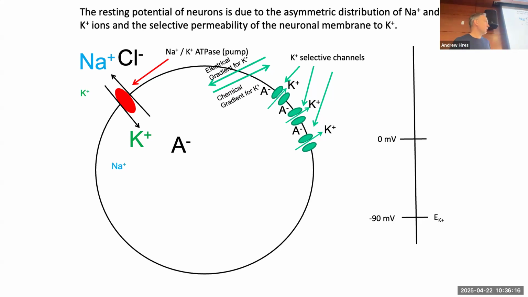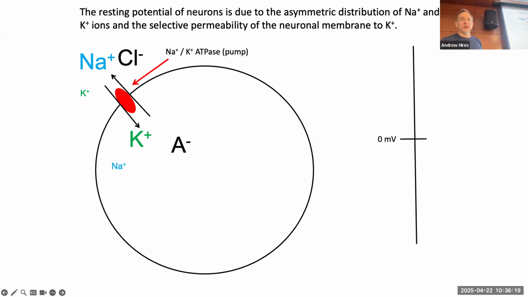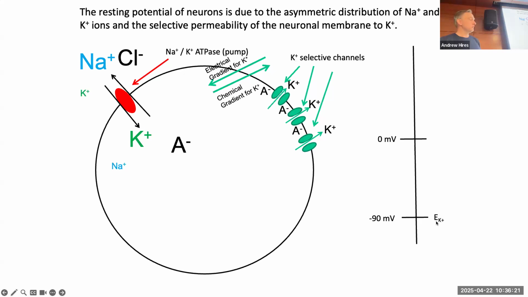So if we went more negative than that, we would have a net flow of potassium into the cell, because it's more negative, it would be pulling in the potassium more. If we have potassium move into the cell, what would happen? That will start to bring the membrane potential up to negative 90 millivolts.